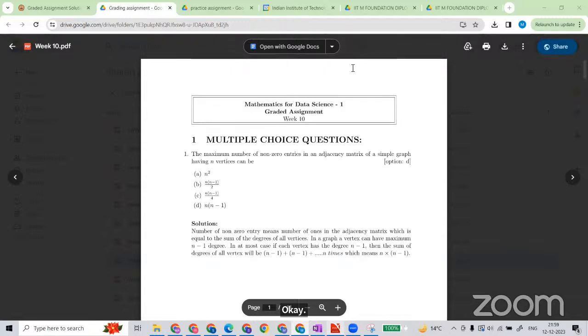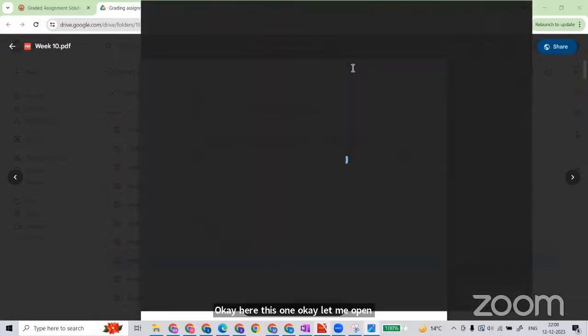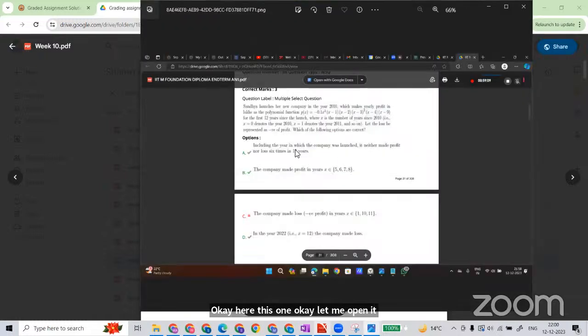Sir, I had doubt in this question. I have pasted it. Okay, let me open it. In this problem, a company is launched in the year 2010 and makes a yearly profit in lakh given by a polynomial.